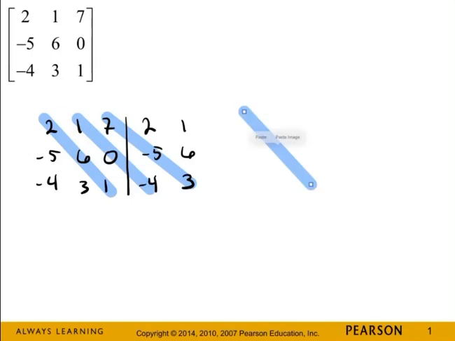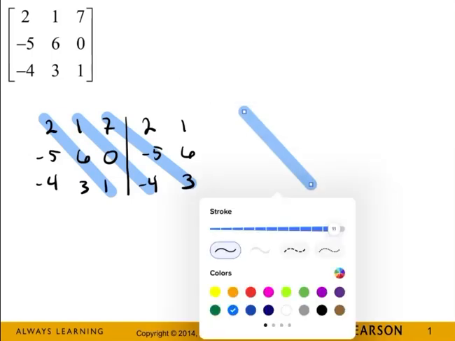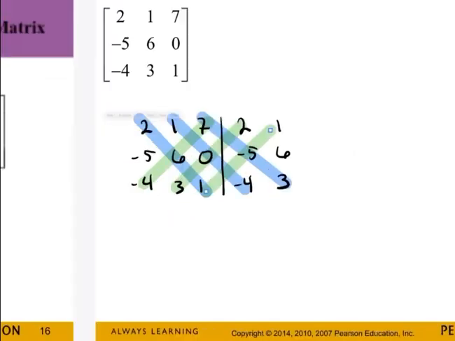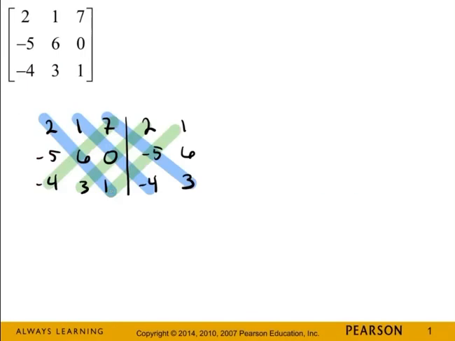And then if I paste, let's change it to green. It starts in the lower left like that. Copy and paste. Okay, so that's what we're going to be multiplying. So then here, my blue.